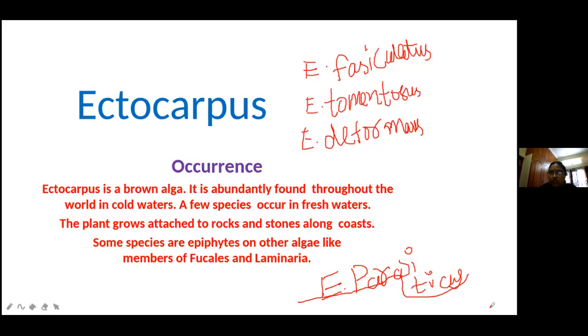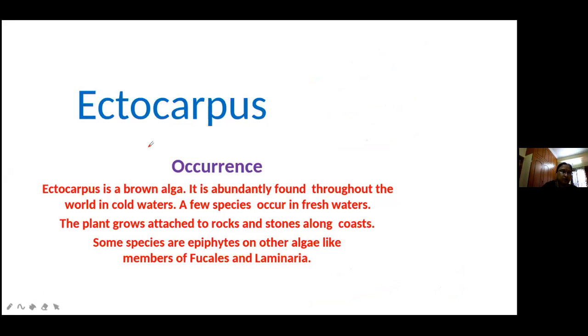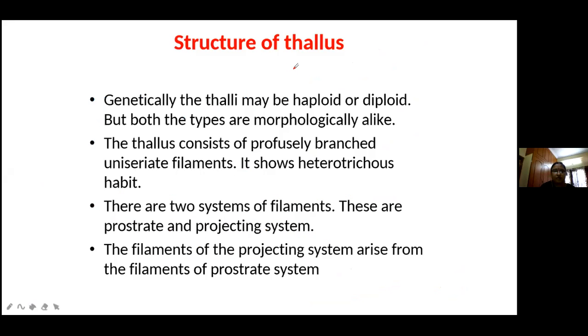And the last one, Ectocarpus parasiticus, is a parasitic plant. These are the examples. You can observe the Ectocarpus. These are the things of habit and habitat. Did you understand? Yes, ma'am. Next one, write down thallus.